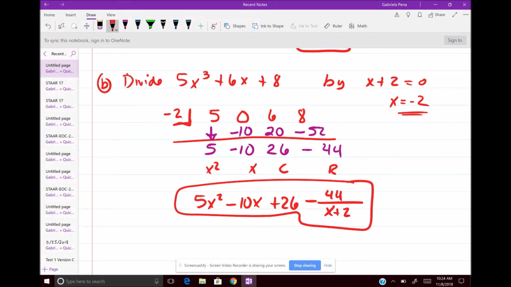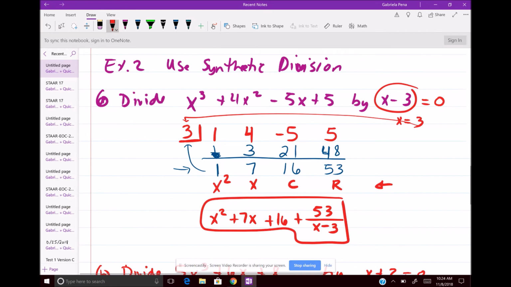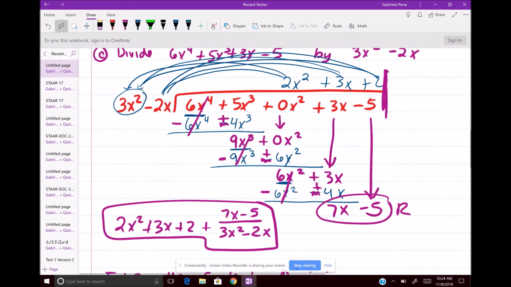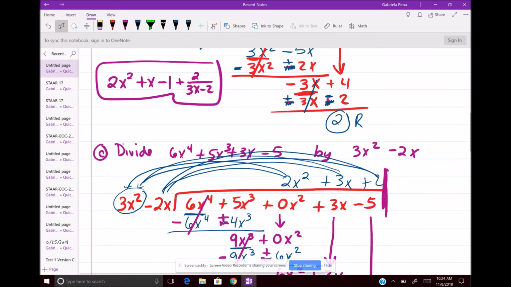Now, look at the divisors for both of these problems. What do they look like? It's just x plus a number or x minus a number, right? Are you guys okay if I scroll up? If we look at this next one, look at your divisor.